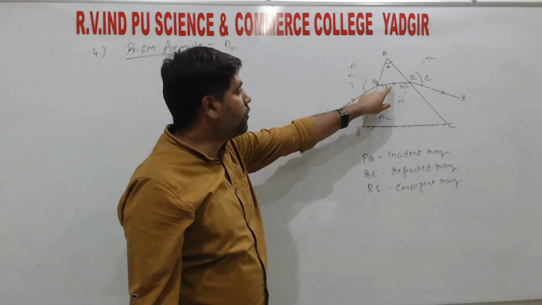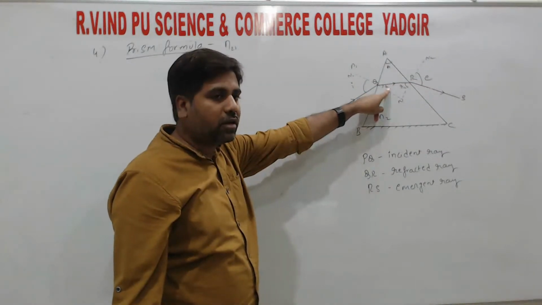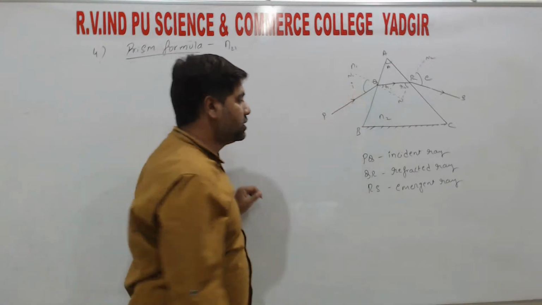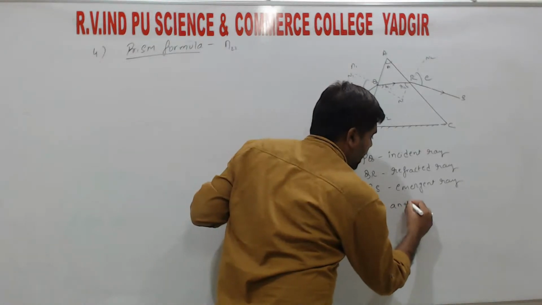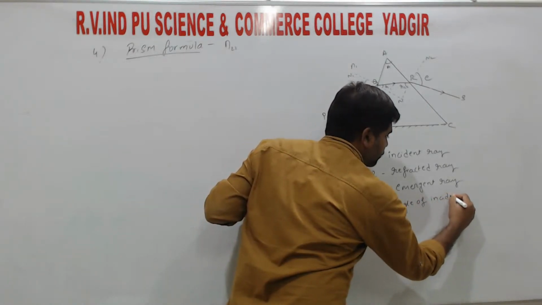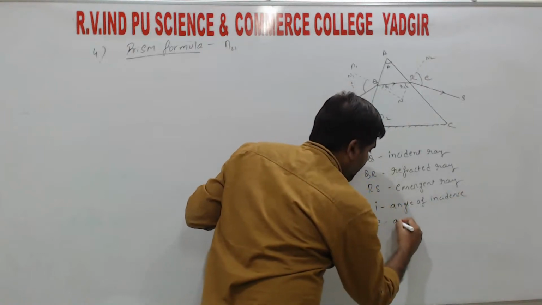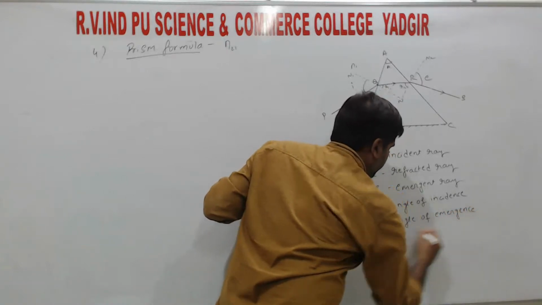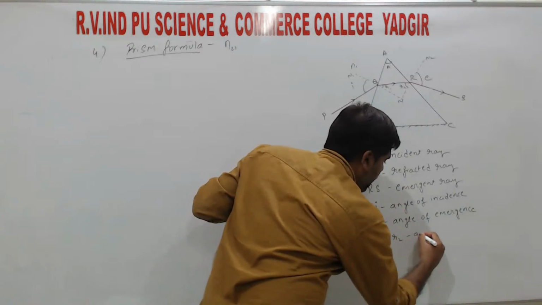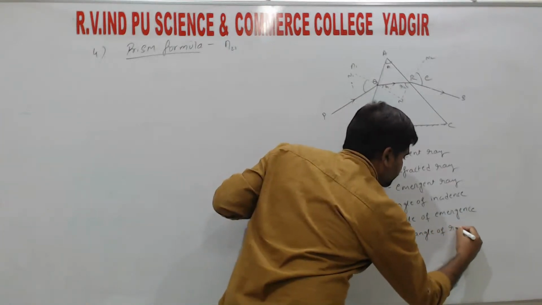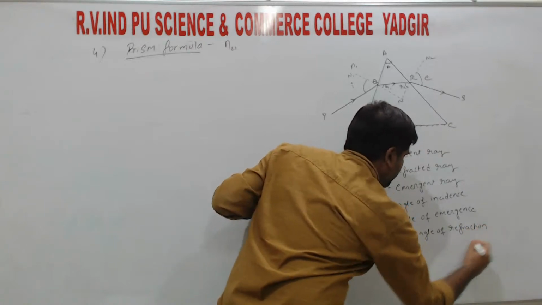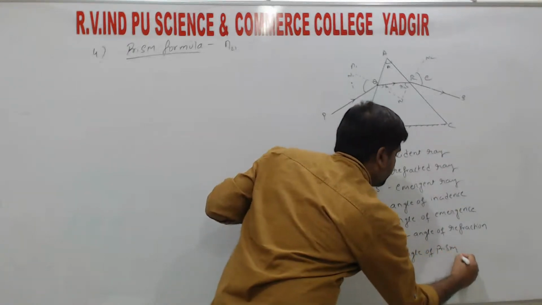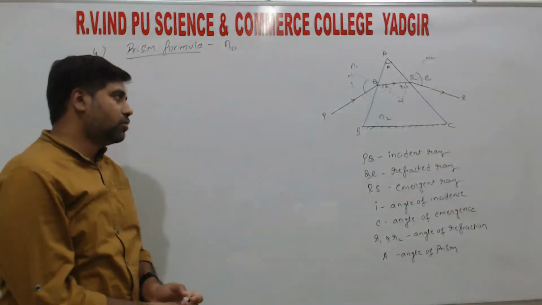I is the angle of incidence, E is the angle of emergence, R1 and R2 are angles of refraction, and A is the angle of prism. Right? So this is the derivation.